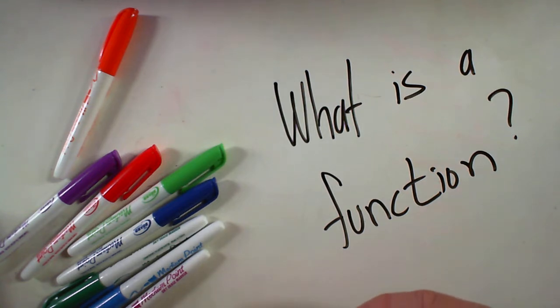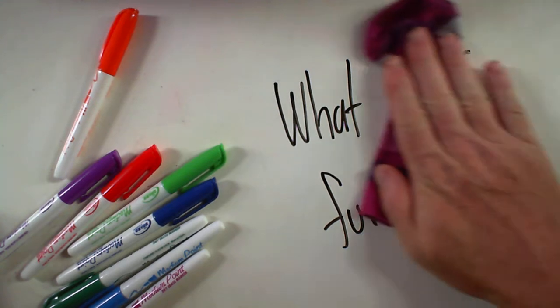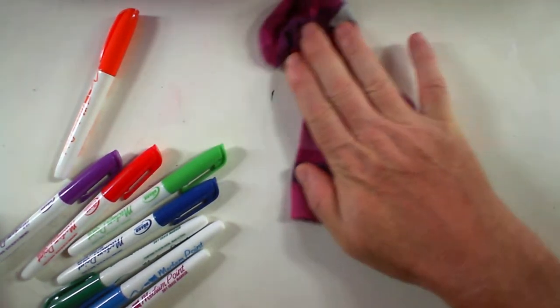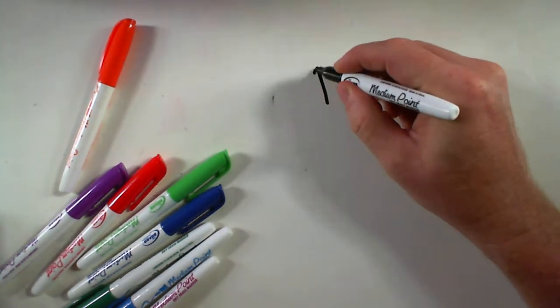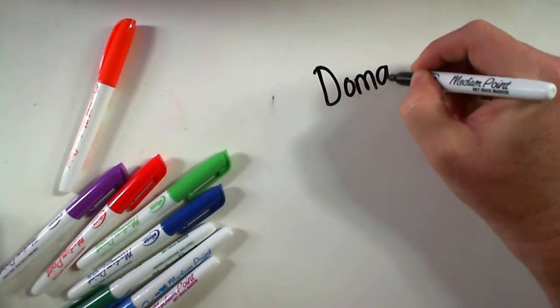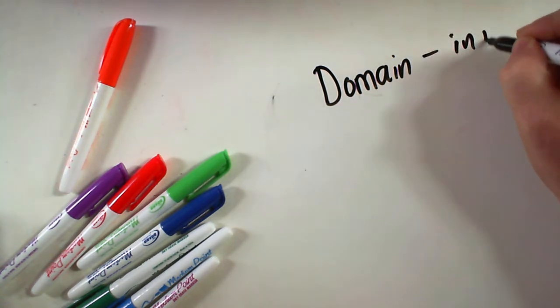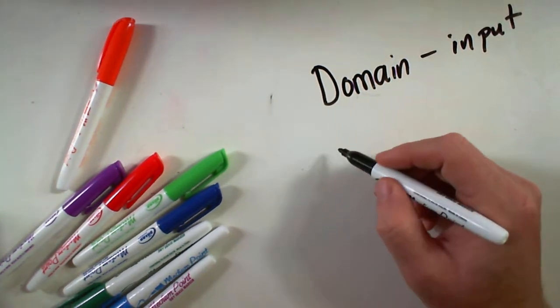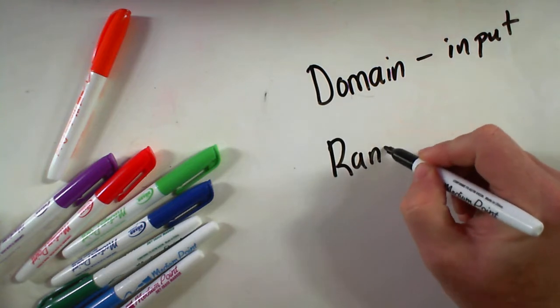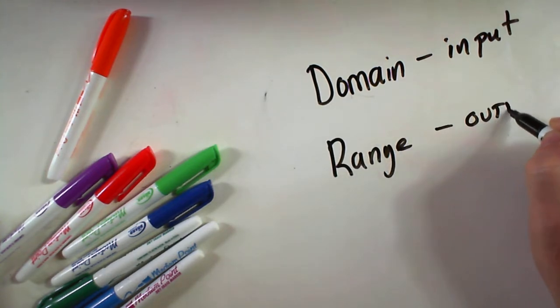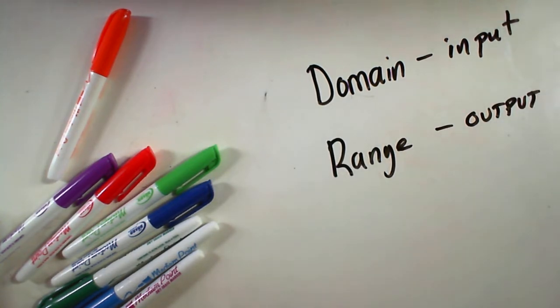For each element in the domain, that is the set of input values, there is exactly one element in the range. So your domain is your input, and the range, that is your output. And for each element in the domain, there is exactly one element in the range.